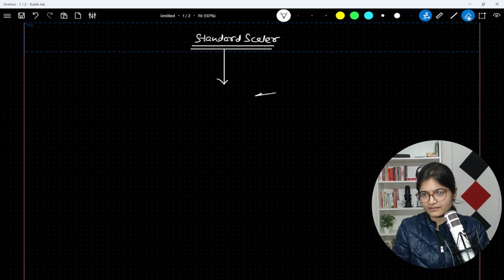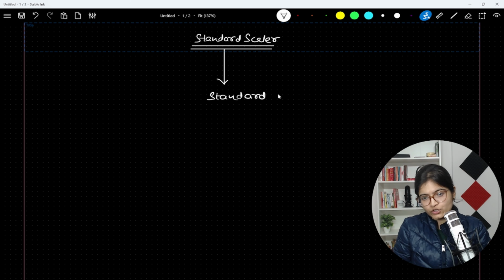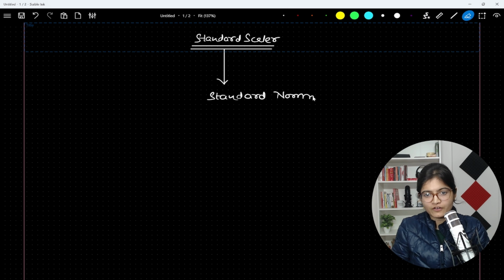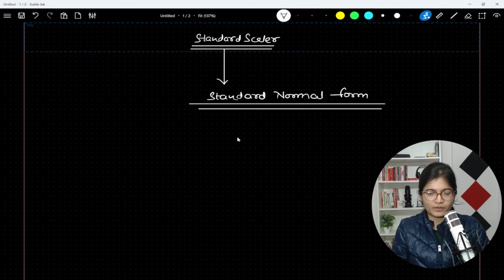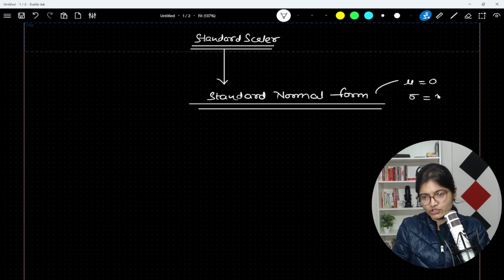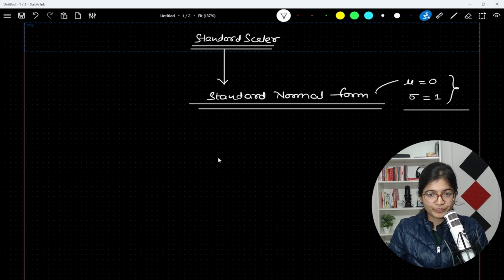If you have a clear-cut idea about the concepts of statistics, you will be clearly aware of the idea of a standard normal form. Standard normal form means that we will have a mean value of 0 and a standard deviation value of 1, right? This is the meaning of a standard normal form.